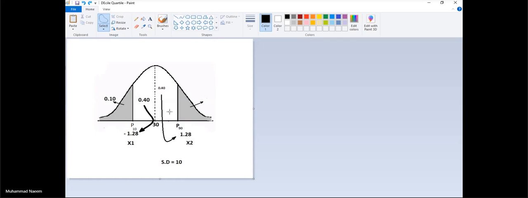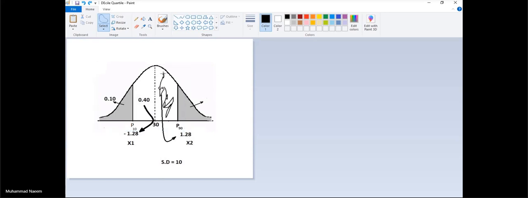But for the use of the table, we need only this area so that we could use the table. As this complete area is 0.9 and this half is 0.5, subtract 0.5 from 0.9, we get this area.